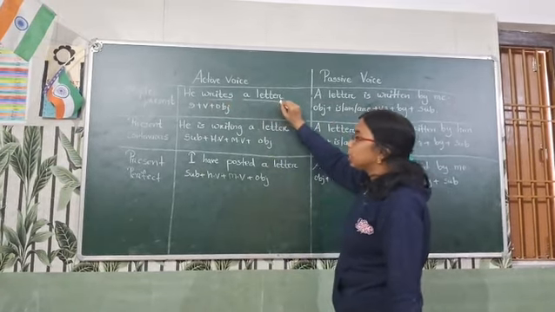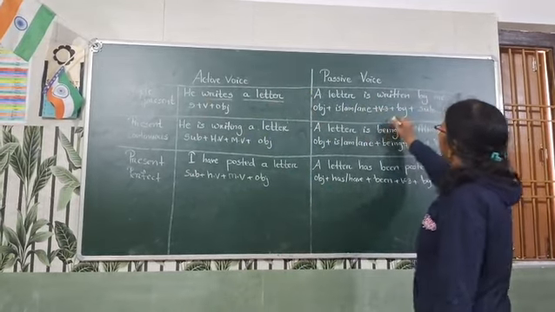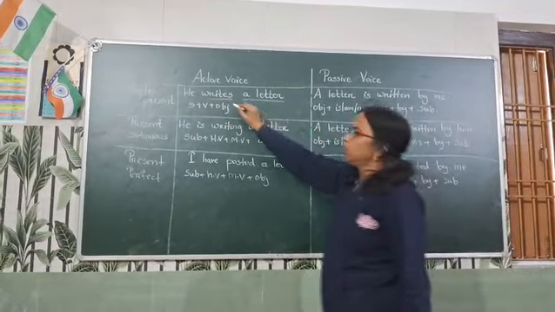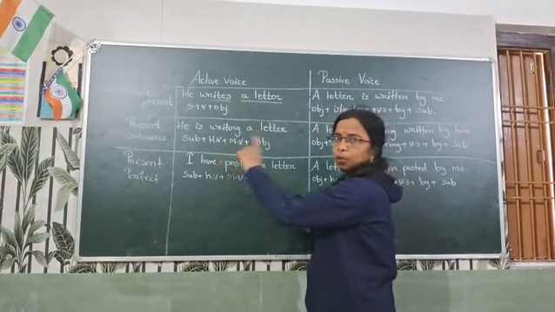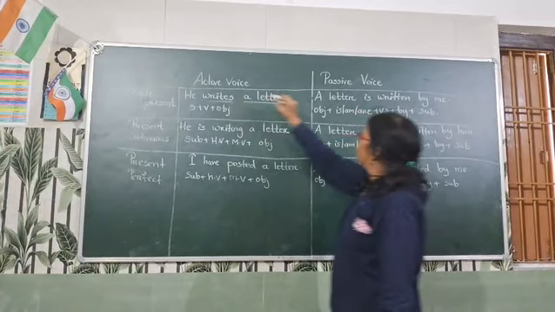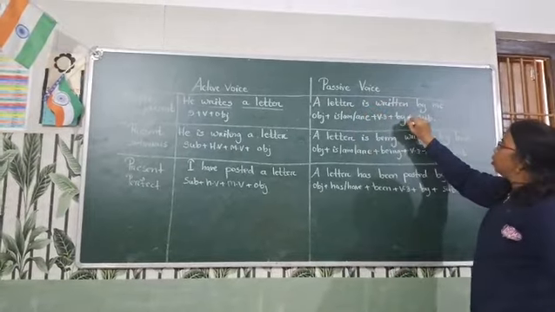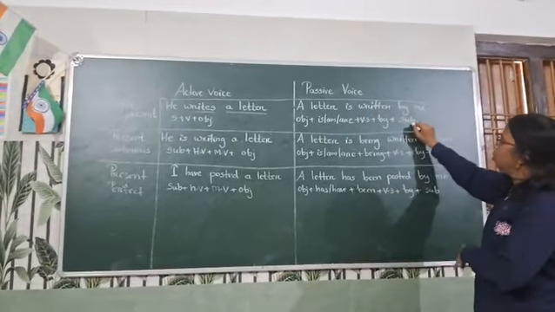A letter means singular, so for simple present tense we write here: a letter is. Then verb 3. Write is the base form. Write, wrote, written. Written is verb 3 of write. So a letter is written plus by plus subject.